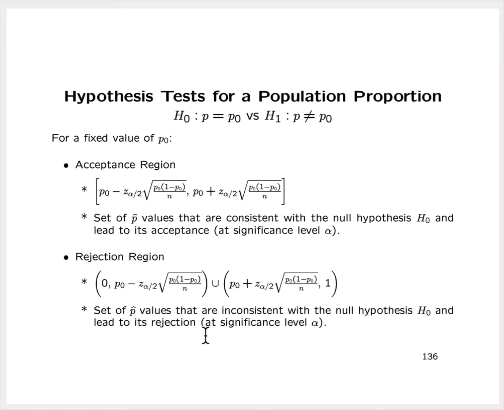And so if we observe a value of p hat in either of those intervals, then as a matter of practice, in determining which of the hypotheses to go with, we would reject the null hypothesis and conclude that the alternative hypothesis is true.